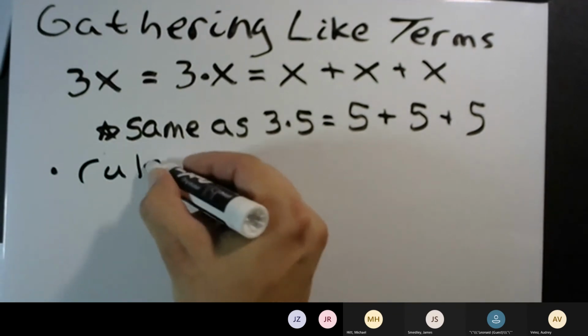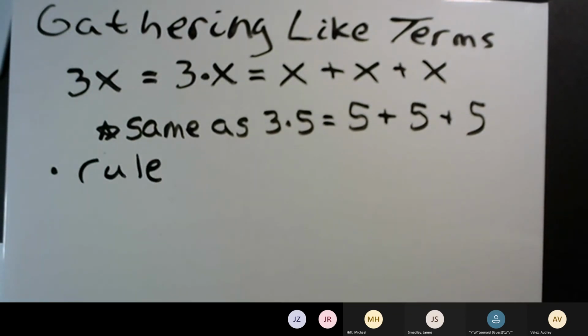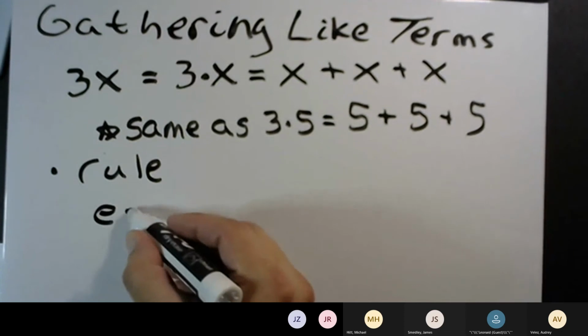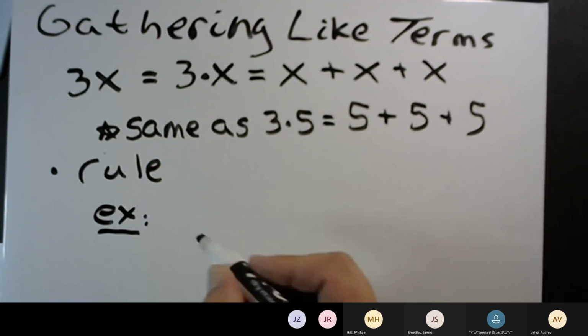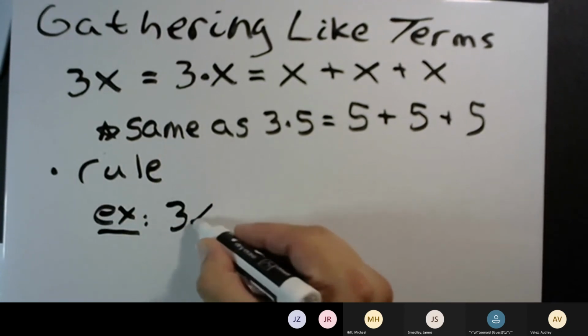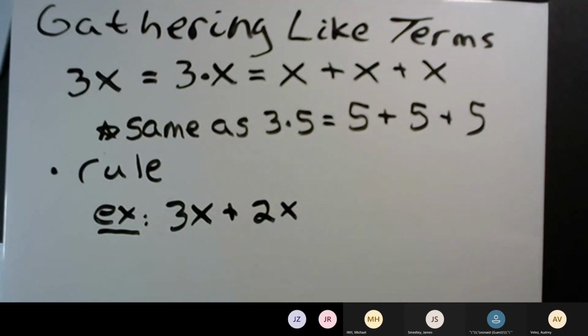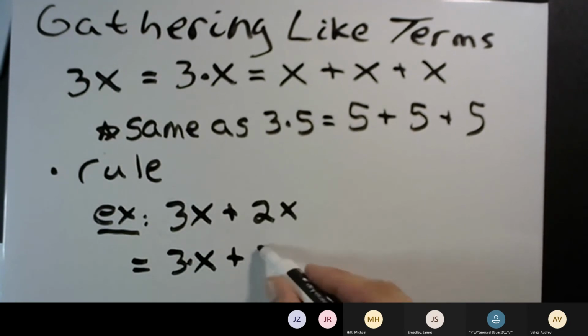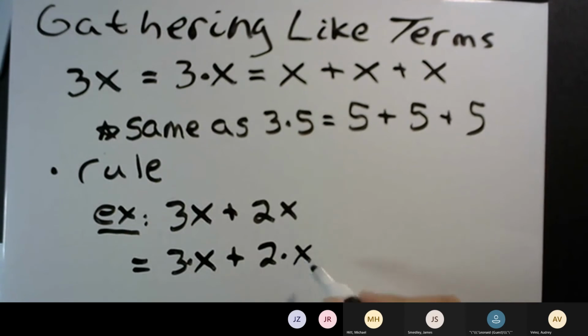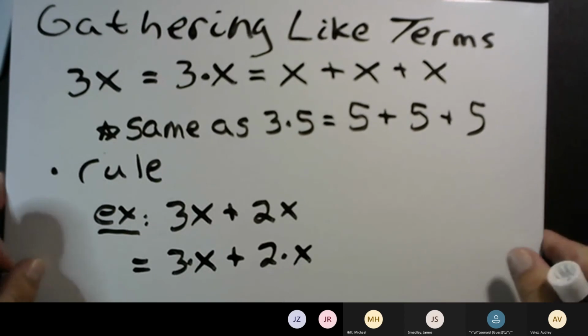We'll use an example to show how this comes about. But let's say we have 3x plus 2x. Well, let's go to the rule of addition with multiplication. Or I should say, let's express this clearly as multiplication.